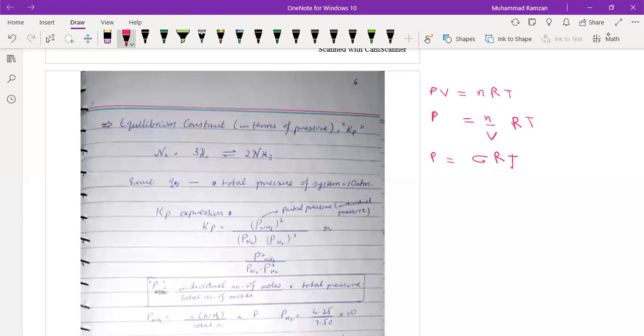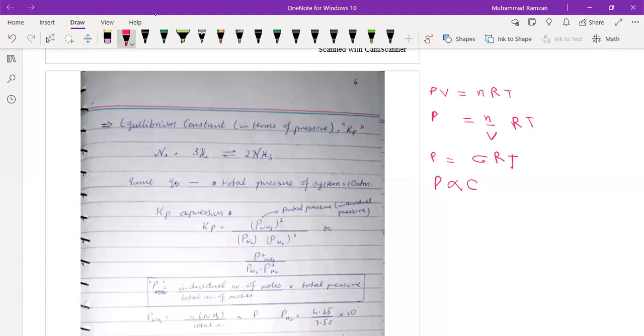It means R and T are constant. That's why if you remove the constants, it becomes P proportional to C. Mathematically, pressure is directly proportional to concentration.